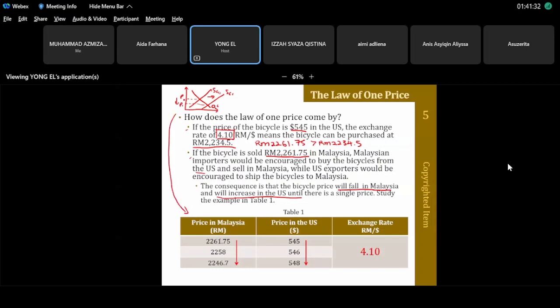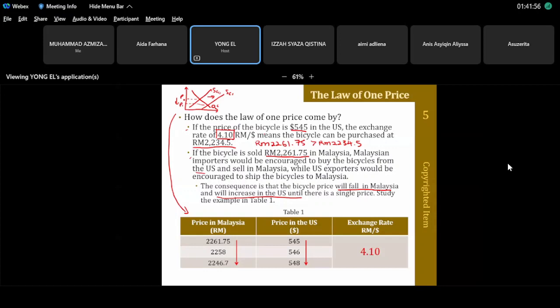Okay, this first column. Initially, the price is 2261.75. Over time, when supply keeps increasing and increasing, that will drive down the price to 2246.7.